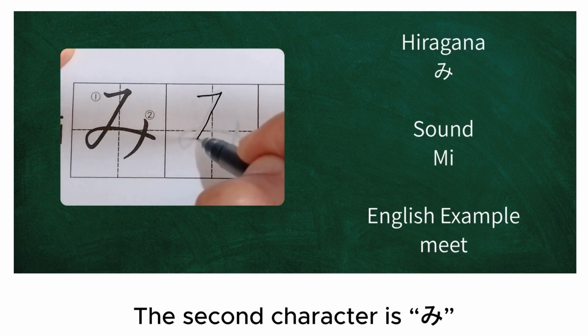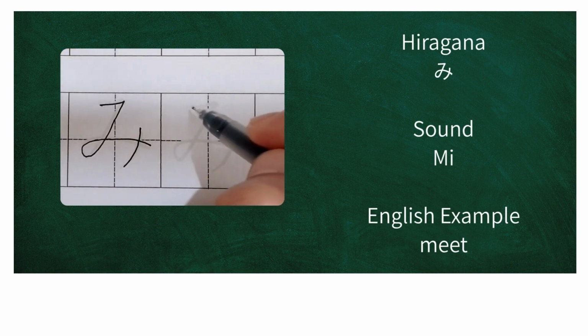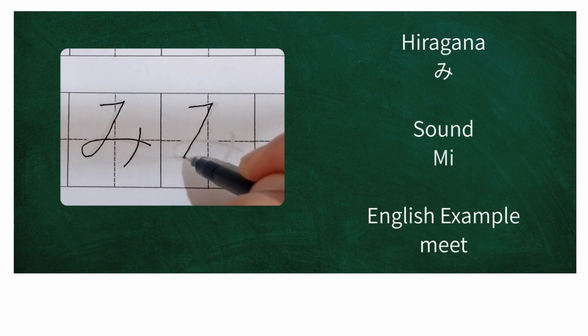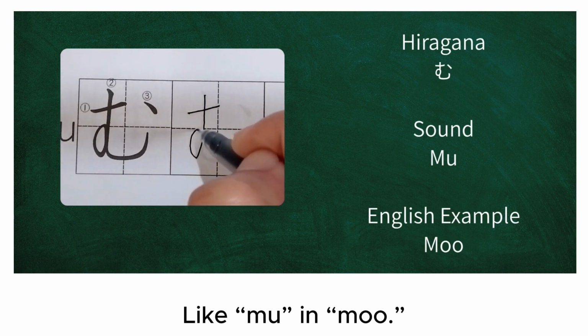The second character is me, like me in meat. The third character is mu, like mu in mu.